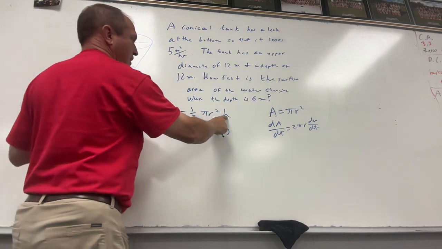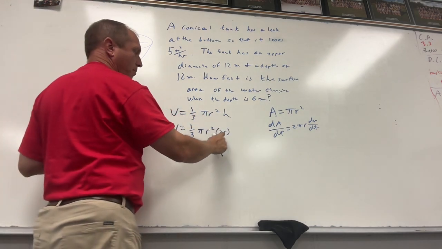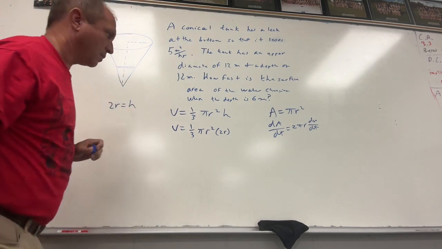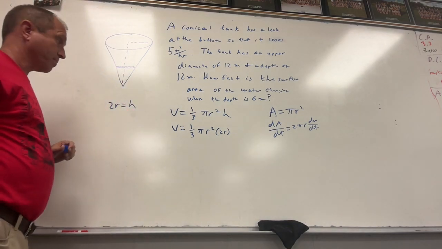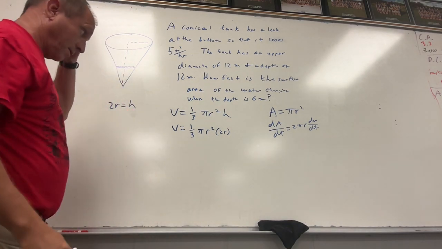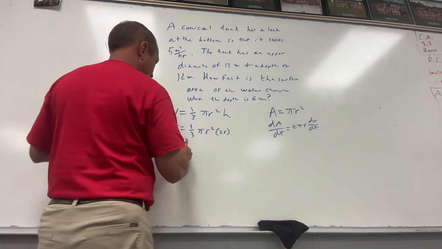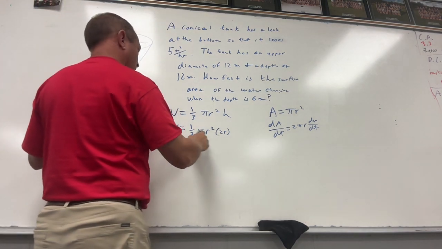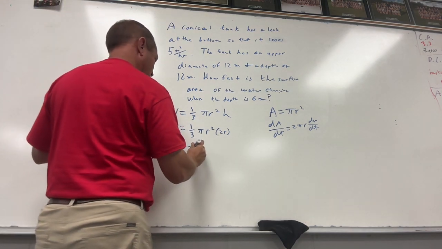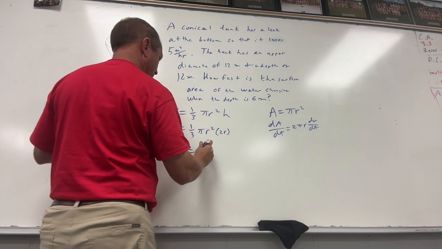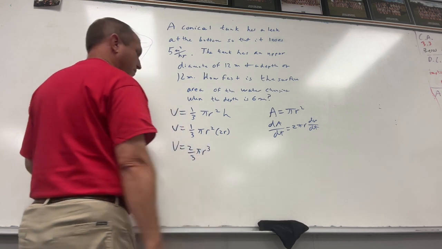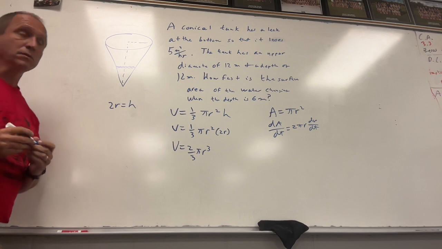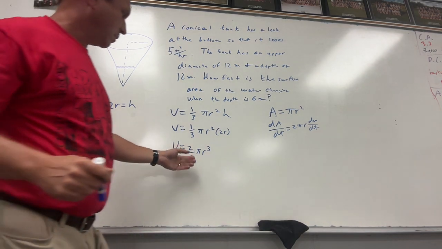So in place of h in this problem, I'm going to plug in 2r. Okay, so from here, let's keep going. We get that the volume is equal to 2/3 pi r cubed. And now we've got it in terms of one variable.